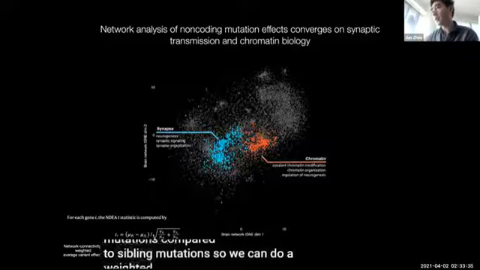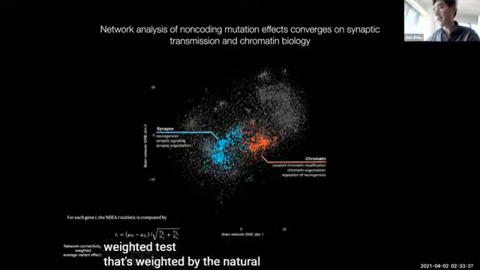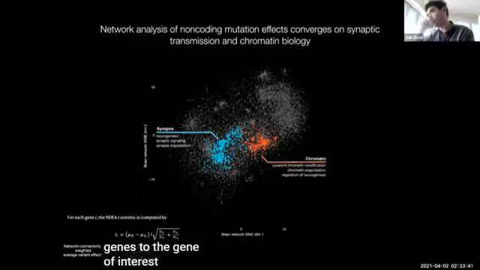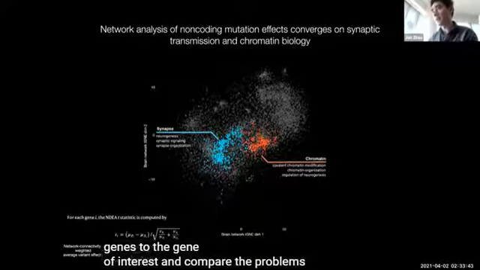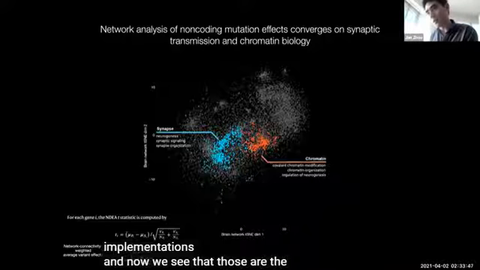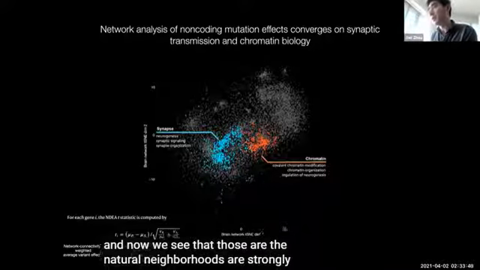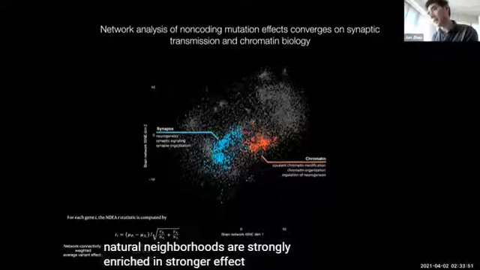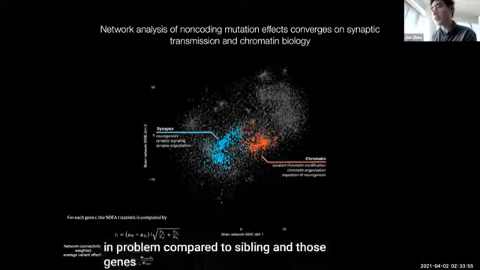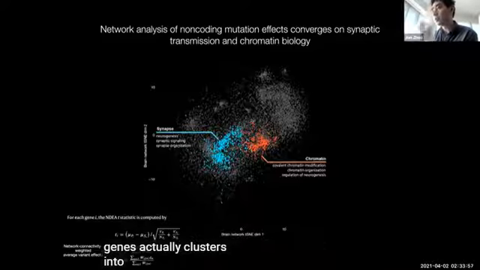So we can do a weighted test, weighted by the network connectivity of all the neighborhood genes to the gene of interest, and compare the proband and sibling mutations. And now we see the network neighborhoods that are strongly enriched for stronger effect in proband compared to sibling. And those genes actually cluster into two groups.